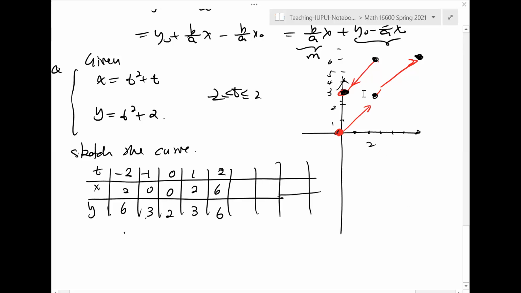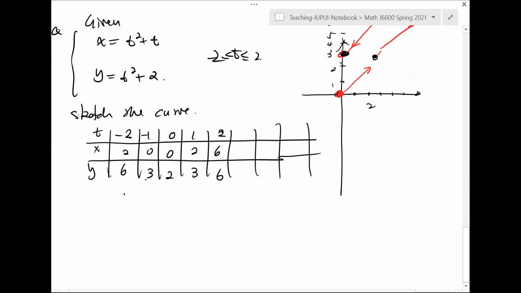Where's my file? All right, yeah, we have to find that point.